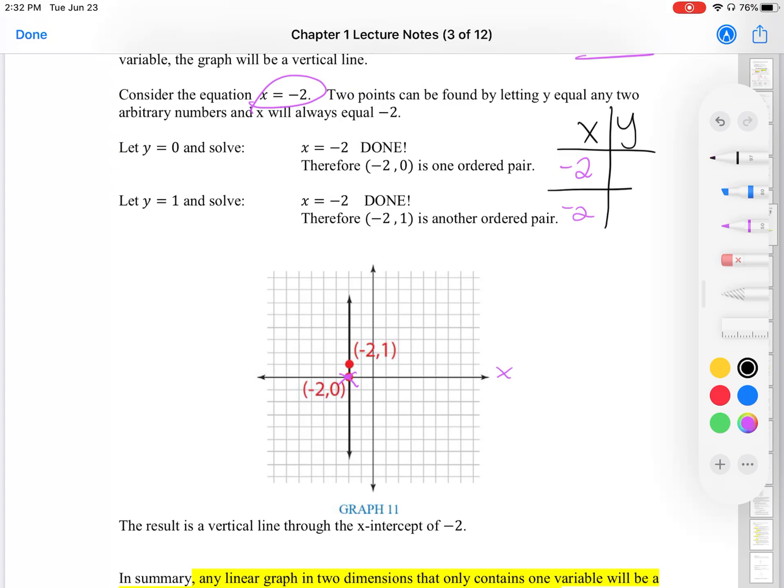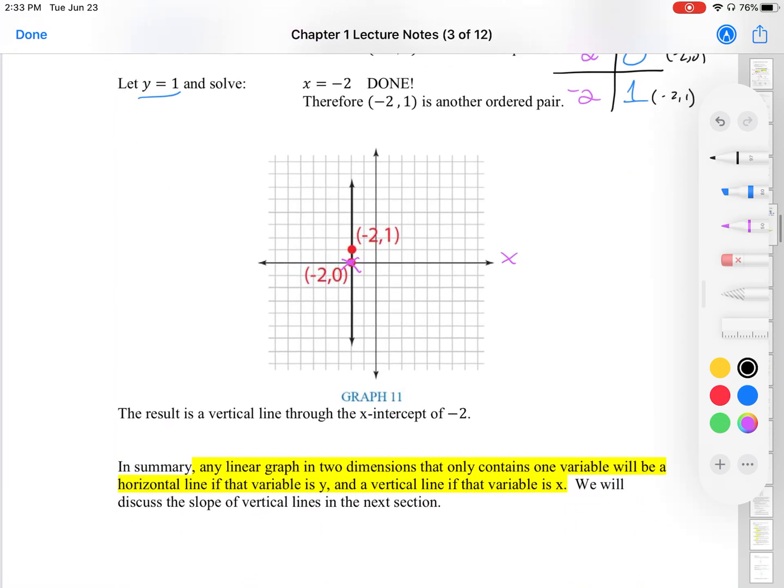Well, I want to pick new points because I need a coordinate point, x comma y. So to match our notes, let's let y be 0 and let y be 1. And we see that this gives us the points (-2, 0) and (-2, 1). We plot them, and we connect them, and we see we get a vertical line.